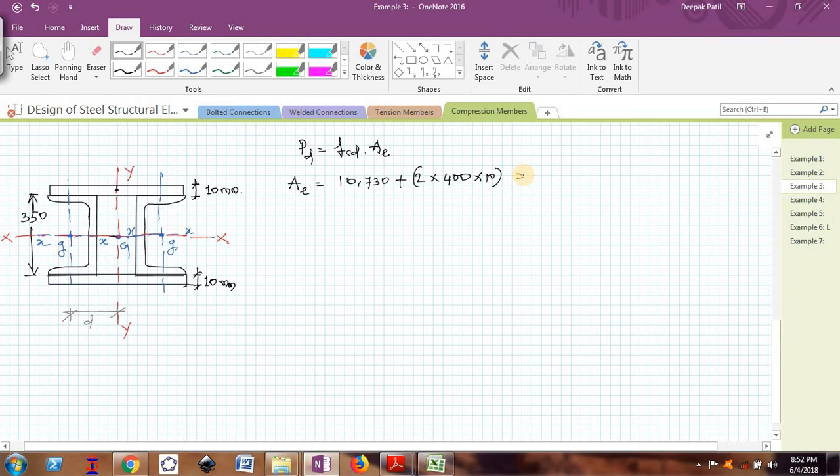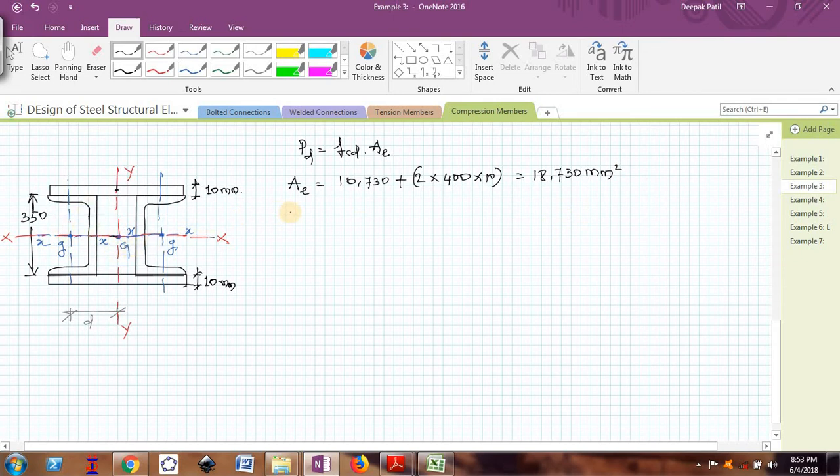So I am getting 18730 millimeter square is the effective cross section area of this configuration, right?